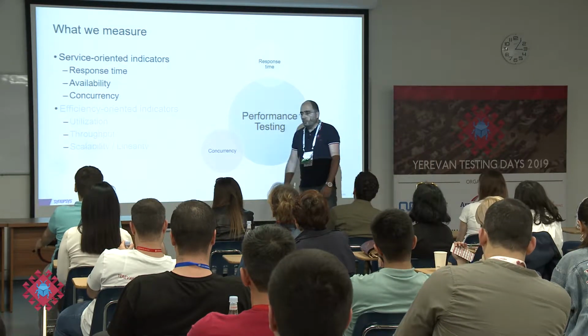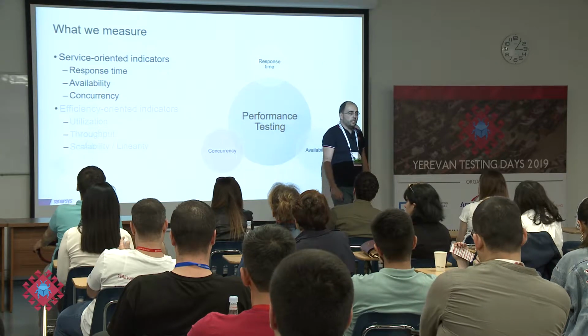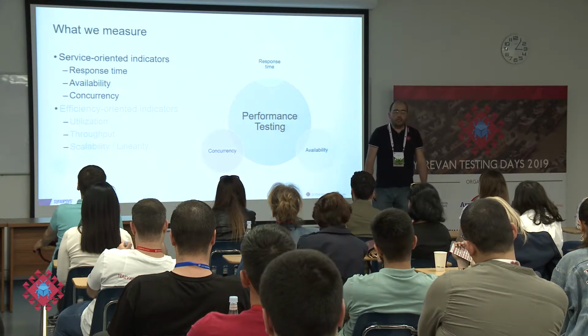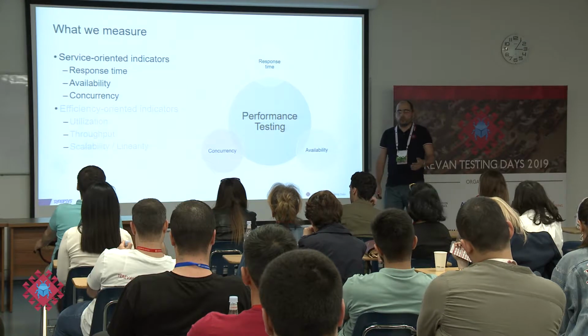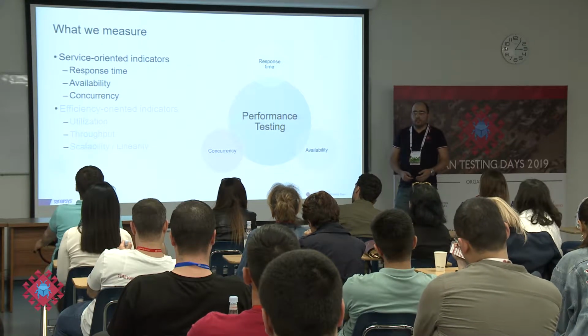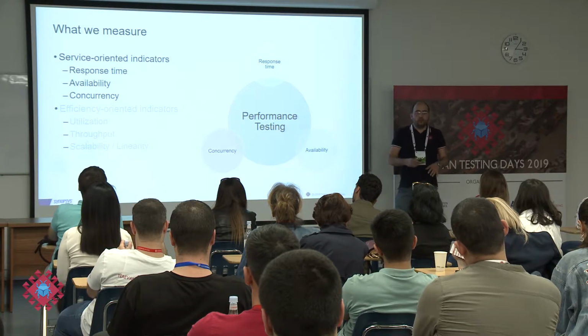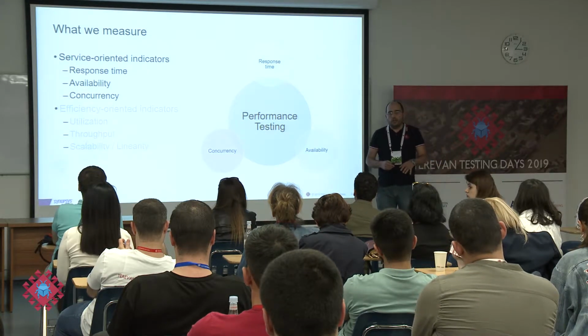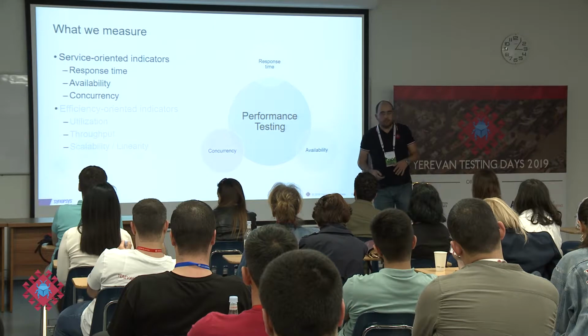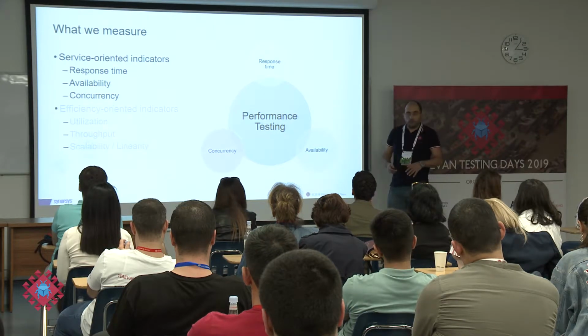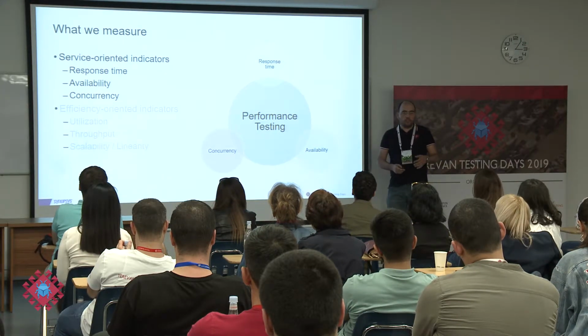One important part here, just to be clear, is what we measure, because for performance there are a couple of critical and important parts which are not usually applicable for other types of tests: measurements. Measurements are crucial here.